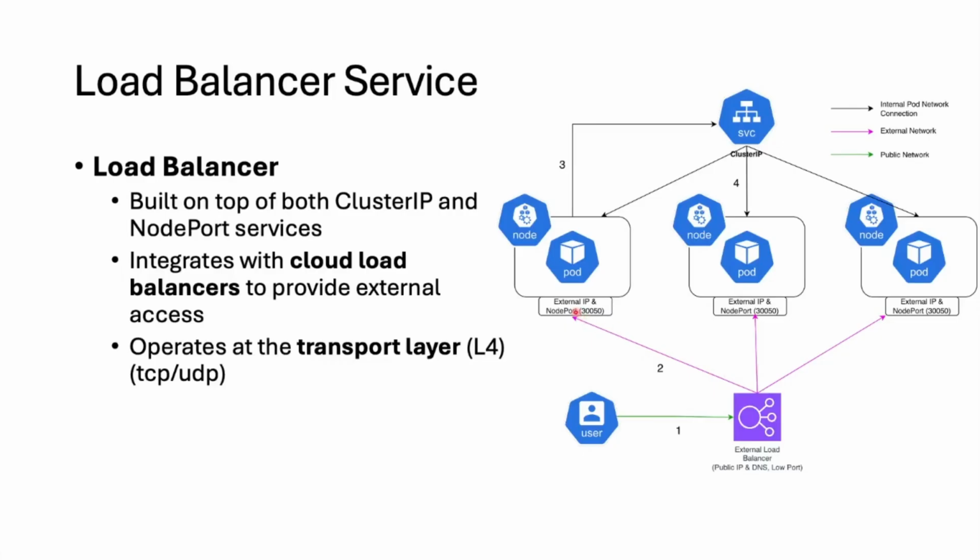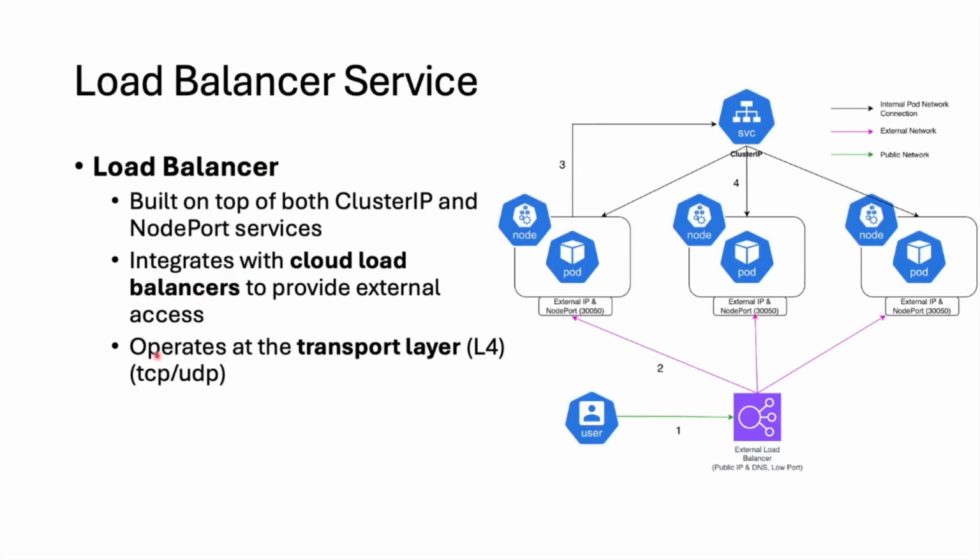And then the NodePort service is going to route to the internal ClusterIP service. And we already know that the request would be routed to the pods that are running our application. So this is how the whole thing works in a LoadBalancer service setup. And this is how we can expose our Kubernetes services to the internet or external networks.